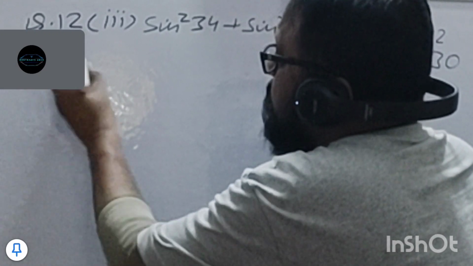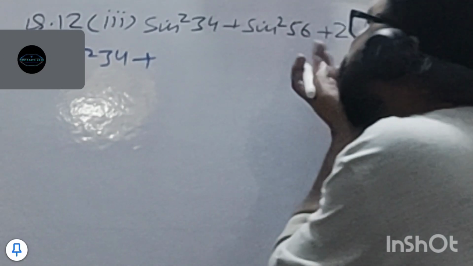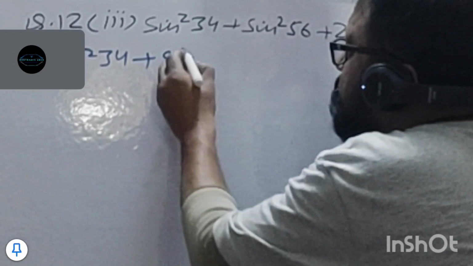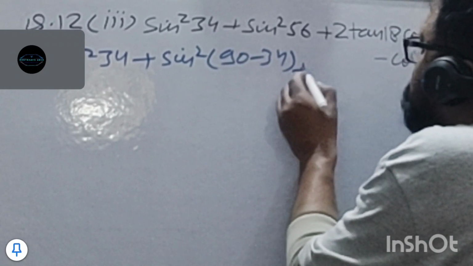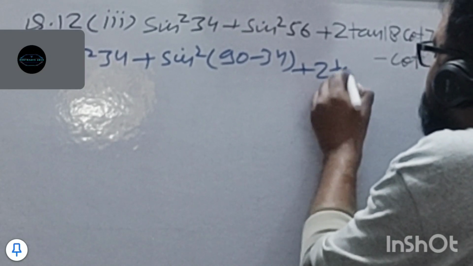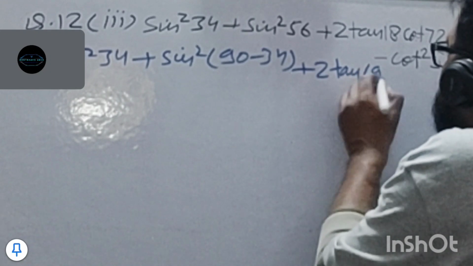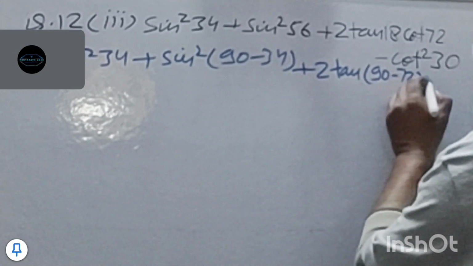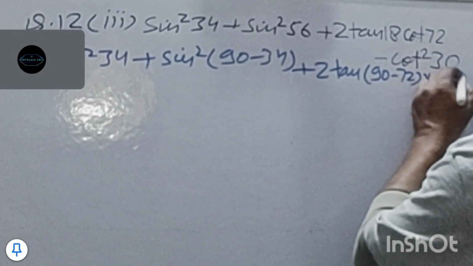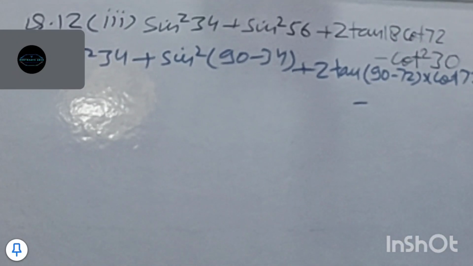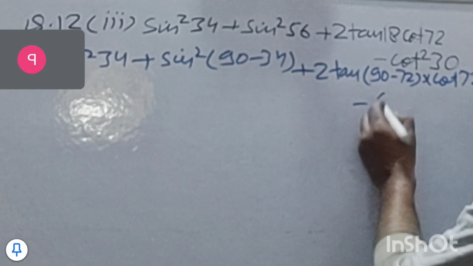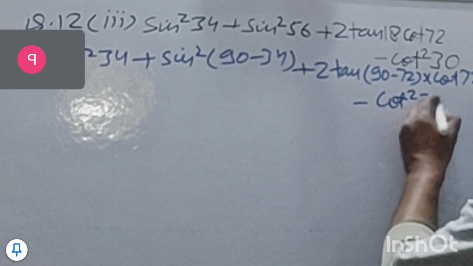Now we will solve it. That is sin² 34 plus sin²(90 minus 34) plus 2 tan(90 minus 72) into cot 72 minus cot² 30.